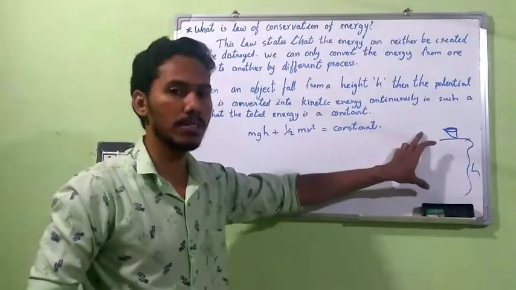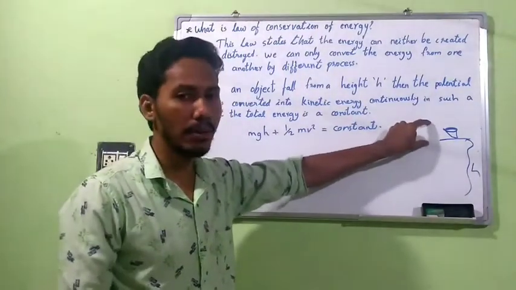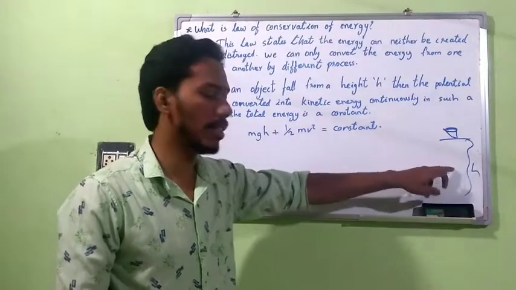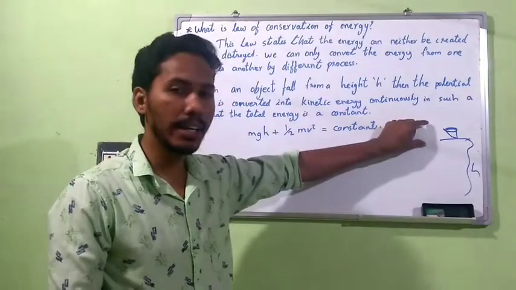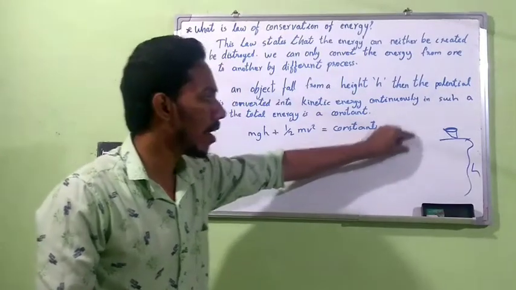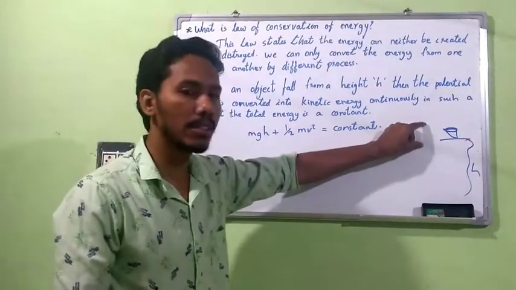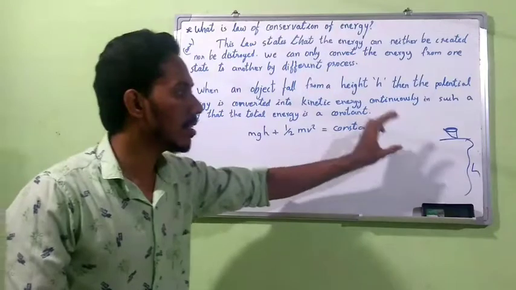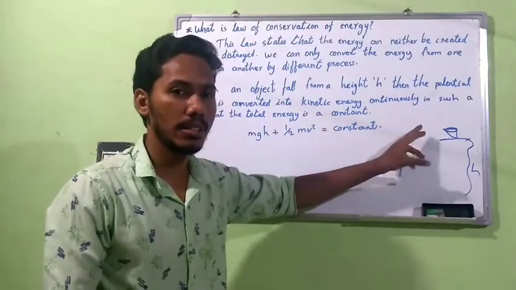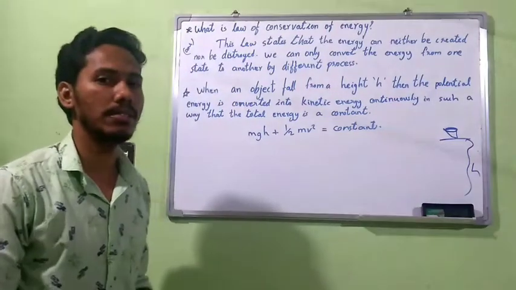I pull down this object. What happens? It has a potential energy equal to mgh because it is placed at a height h. When this object comes down, this mgh potential energy is converted into kinetic energy.